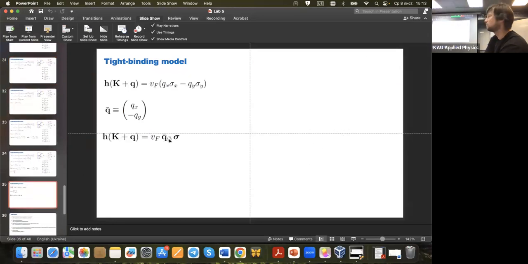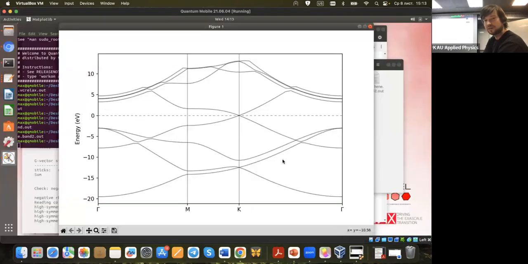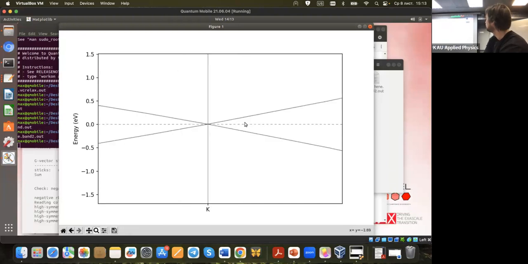This is one method, tight binding model, and DFT is just another method, more advanced, and we get the same linear dispersion. And you see it's really linear.